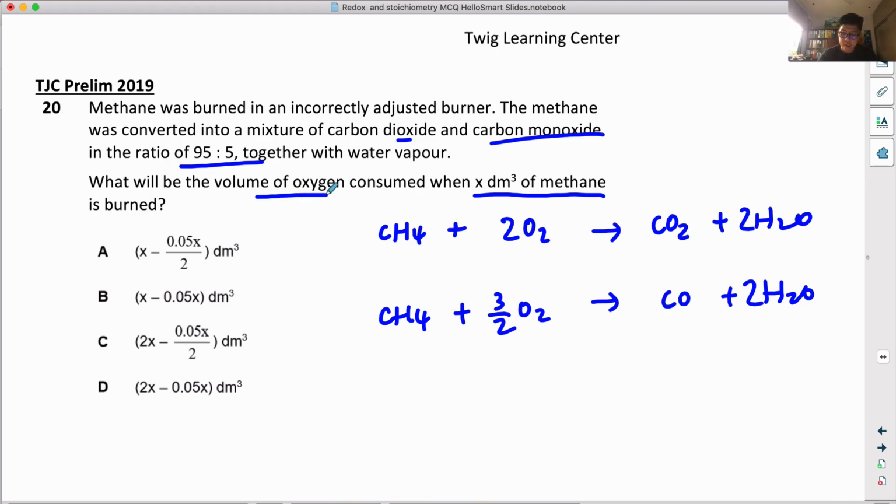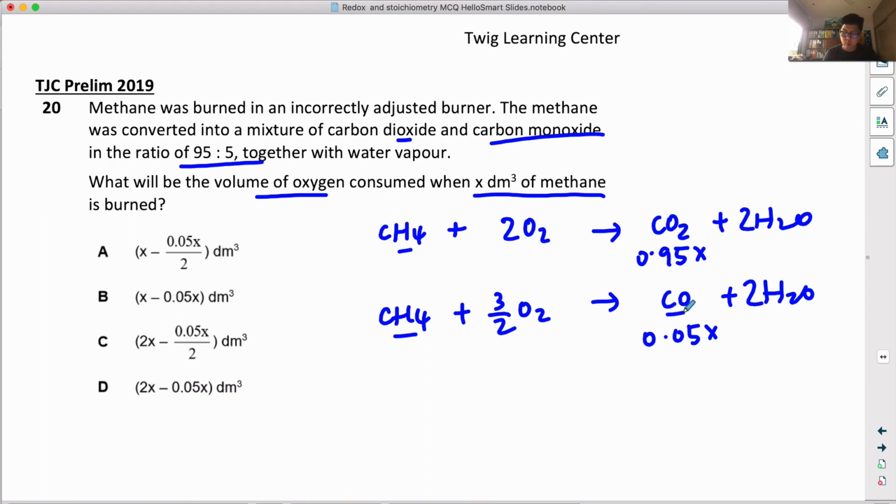So I'm pretty sure that this one should be 0.95x dm cube, and this will be 0.05x. Why do I do that? Because methane and carbon dioxide is 1:1.